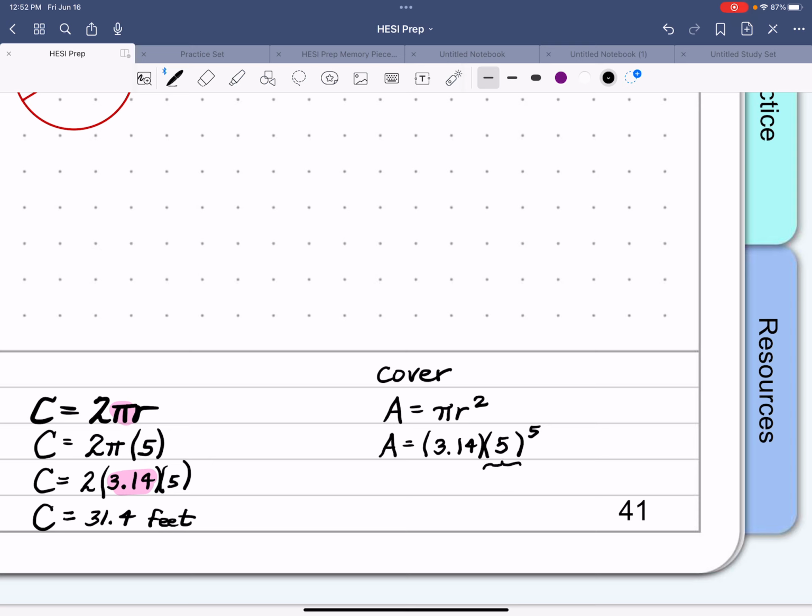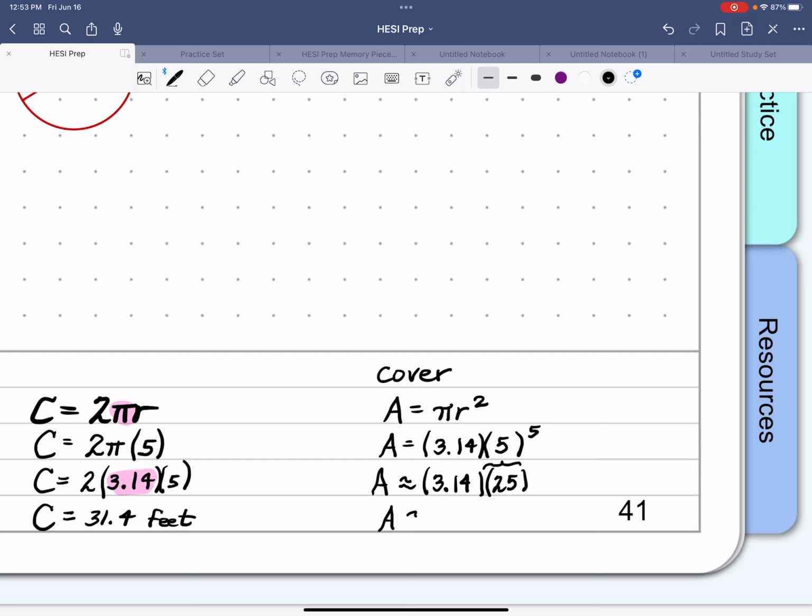Then Aunt Sally, order of operations comes in. 5 times 5 is 25 times pi. And I can already tell you this is approximately because I've used the rounded version of pi.